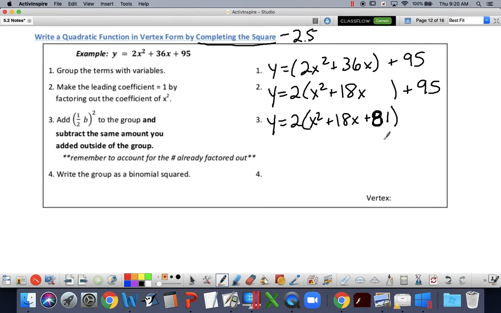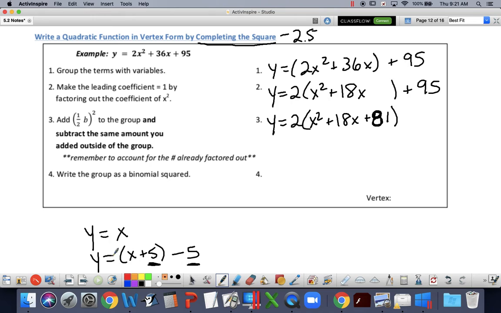But did I really add 81 or did I add 2 times 81? Notice what I really did when I added the 81 inside the parenthesis here. I really was adding 2 times 81, which is 162. If I have a function that is y equals x, I can change that function to be y equals x plus 5, but then I've got to subtract the 5 at the end. In order for this function to stay the same, if I add 5 here, I have to subtract 5 out here.